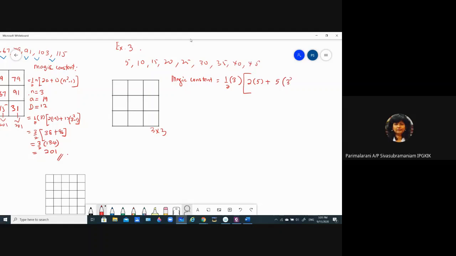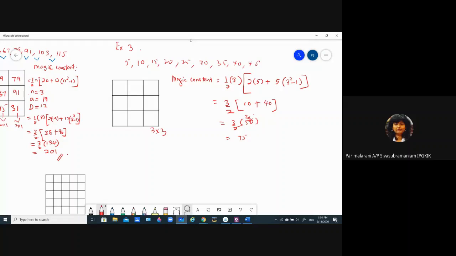So this is 3 squared minus 1, which is 8, times 5, 40. So 3/2 times (10 plus 40), 3/2 times 50, is 75. So that means our total must be 75.